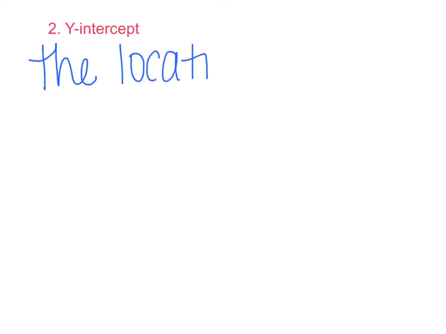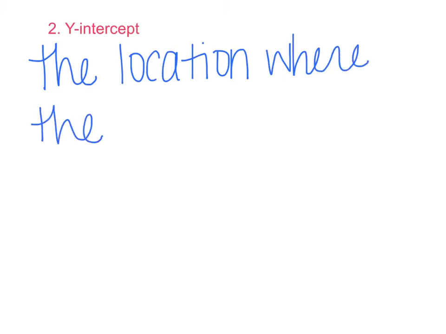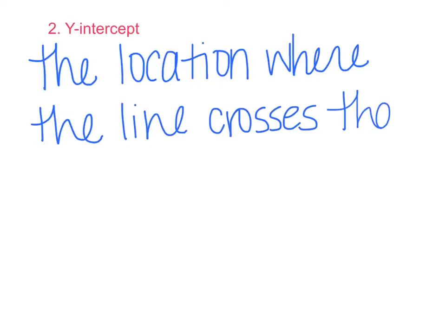The next one we're going to talk about is y-intercept. Y-intercept is the location where the line crosses the y-axis.